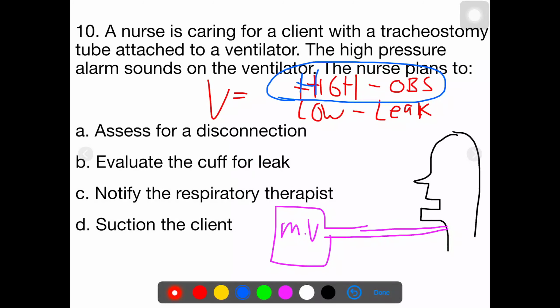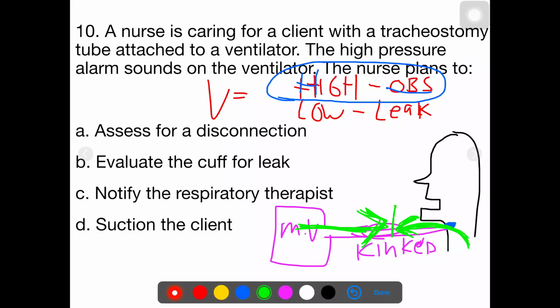What causes obstruction? There may be a mucus plug obstructing the tube, or the tube itself is kinked, or folded. Or the patient is actively blowing air against the tube, as if fighting the air being given by the vent.